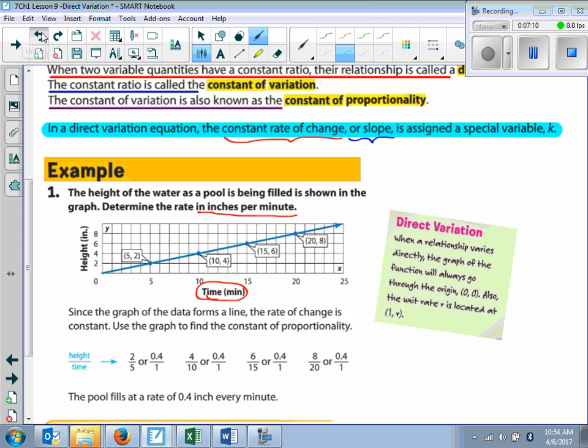Everybody see that? So inches per minute is y over x. Again, delta y over delta x, right?